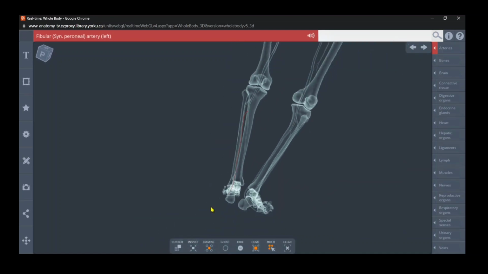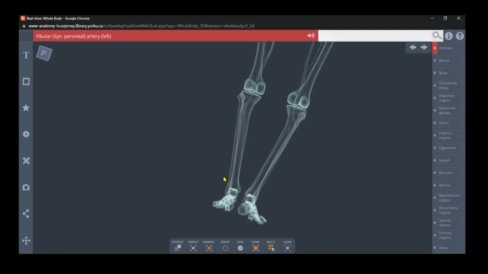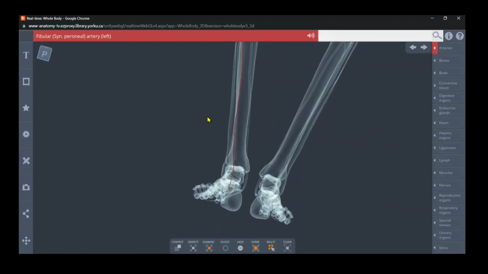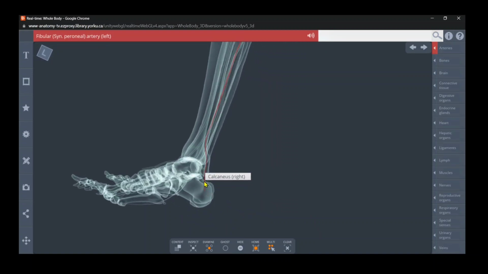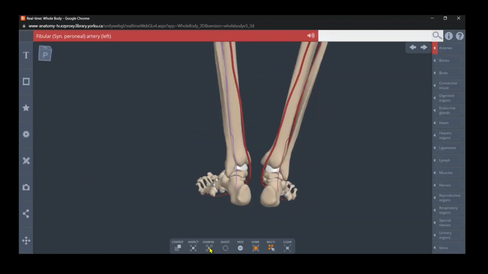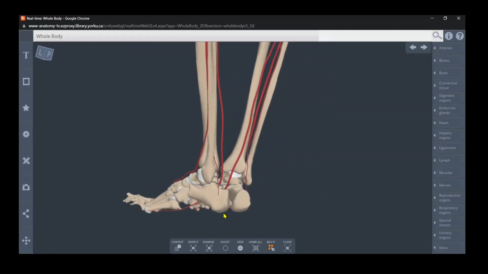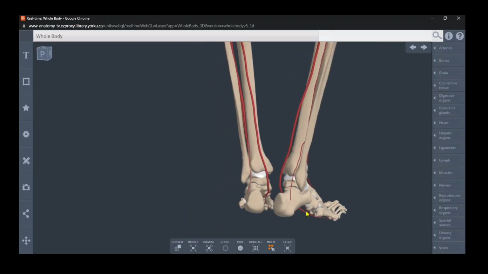It's fibular because it's on that lateral side. You can see that running down. If I go down here, this is where it ends, right here. Where it ends doesn't concern us anymore, because it ends at the calcaneus. It brings blood down here.